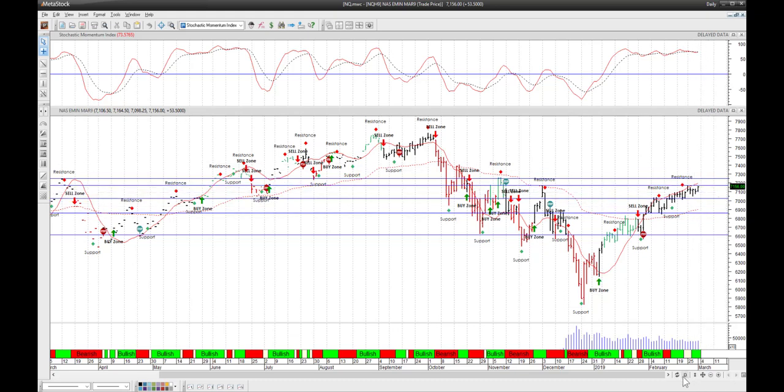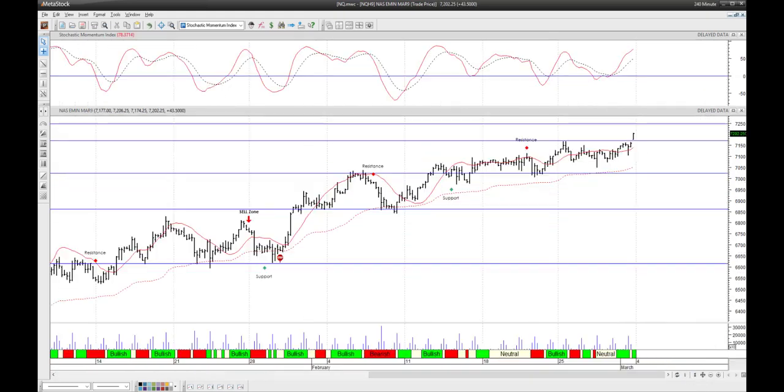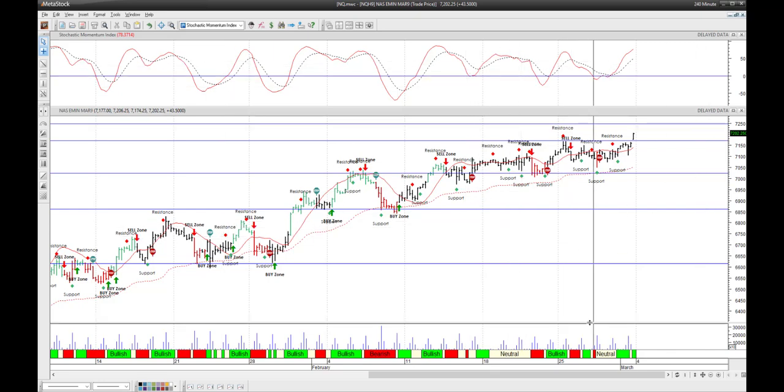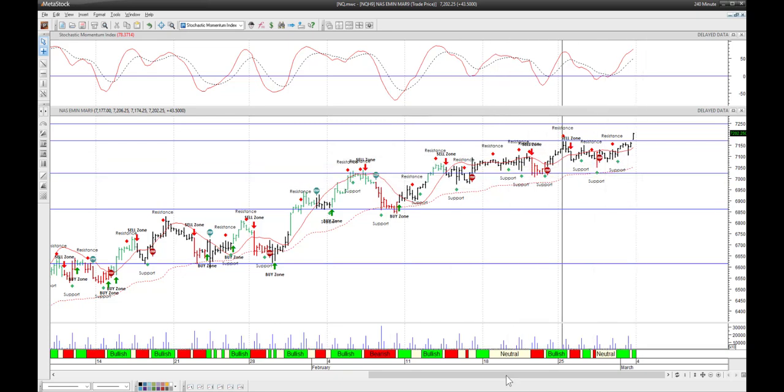And so let me show you something. If I go to a 4-hour formation, as we can see here in the Nasdaq, I can see that my 4-hour formation is grinding upward with lots of pockets of neutral, bullish, bearish, neutral behavior.